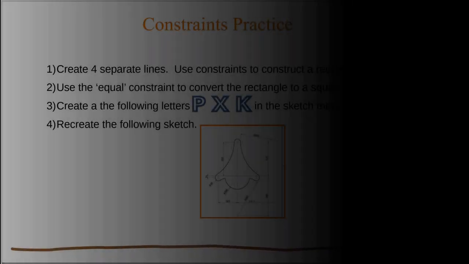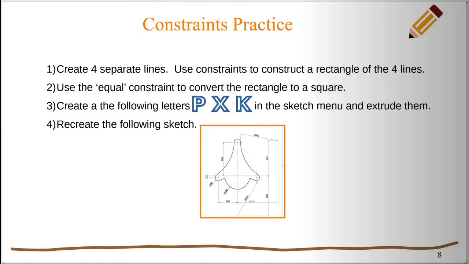If you made it through the constraints video, congratulations. Here's some practice. Hopefully you practiced through the video, recreating what I did. But here's some ideas to practice different constraint skills in Autodesk Inventor.